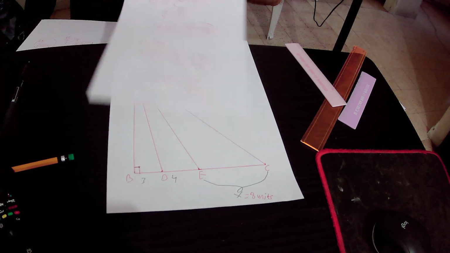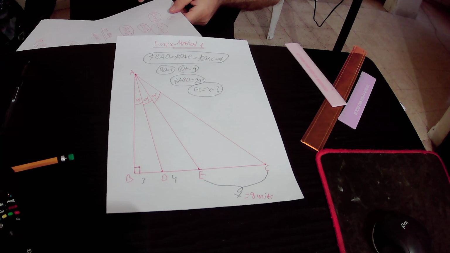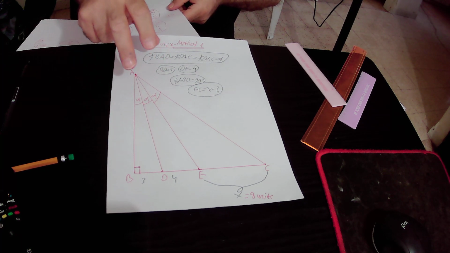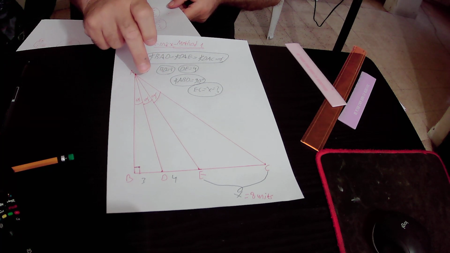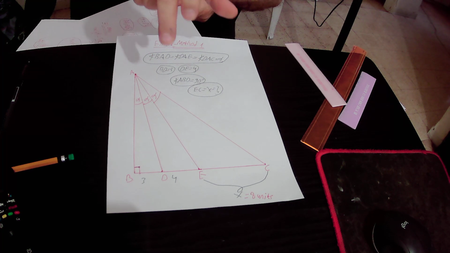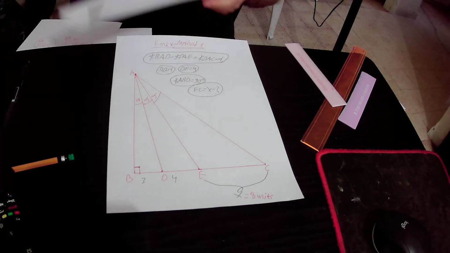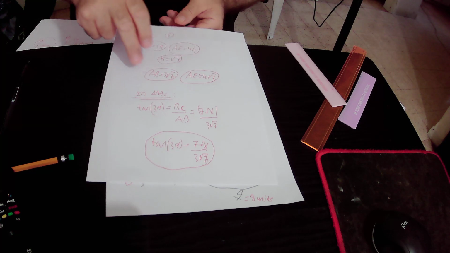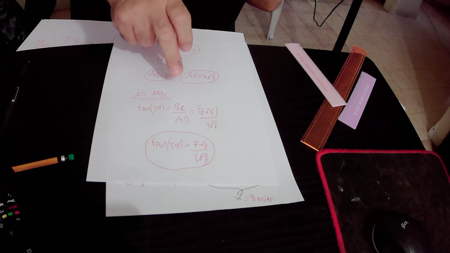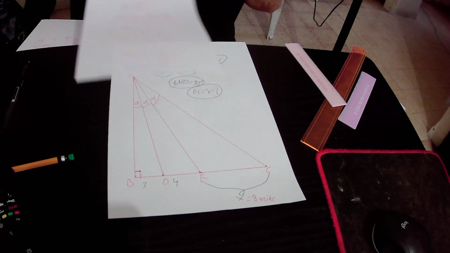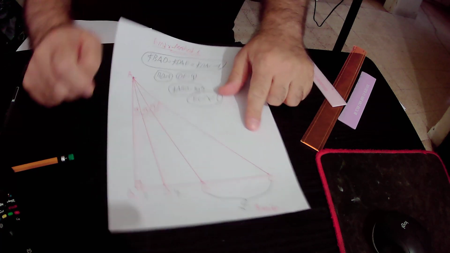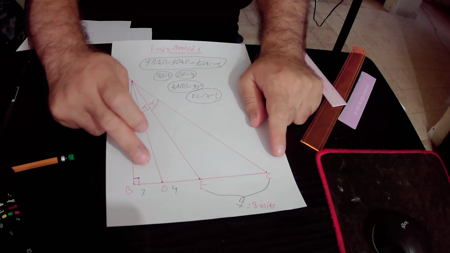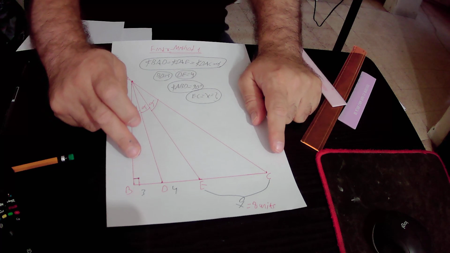Then we focused on the right triangle ABC. In the right triangle ABC, we know that tangent 3 alpha equals BC over AB. But what is the value of BC? BC actually equals 3 plus 4, that is 7, plus x.